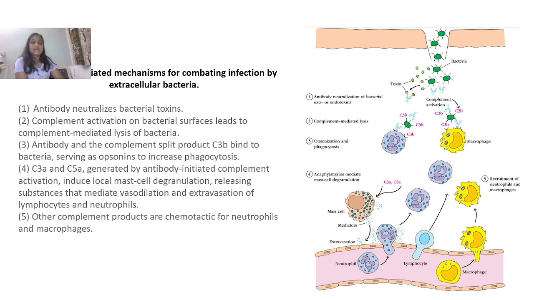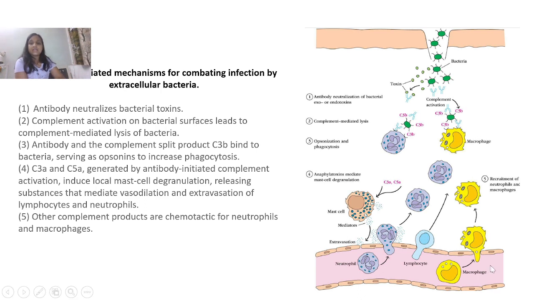So there are two complements, C3a and C5a, which are generated by the antibody initiated complement activation, which leads to the mast cell degranulation. Here you can see the granules which are released by the mast cell, and which is helping in vasodilation and extravasation of lymphocytes and neutrophils.